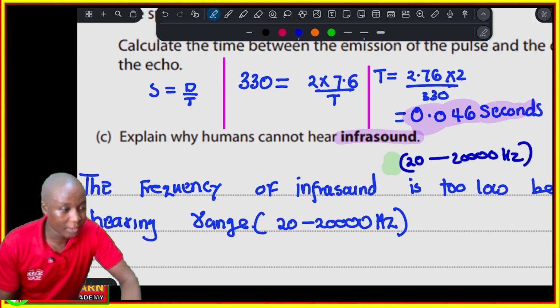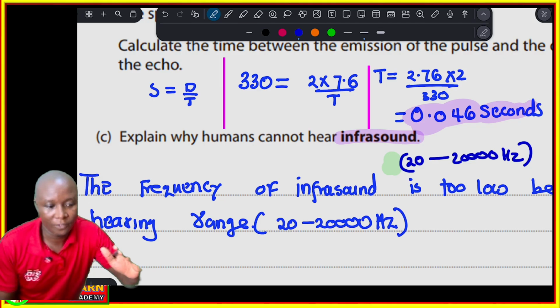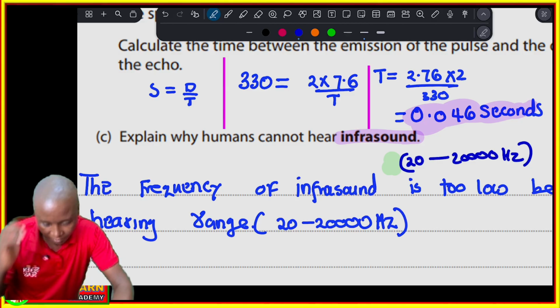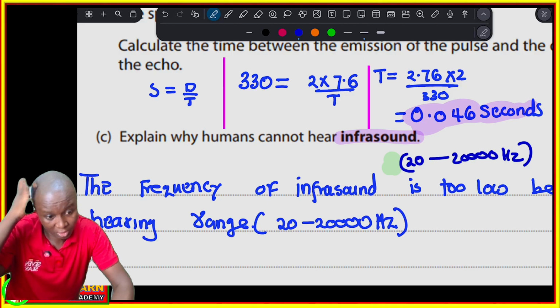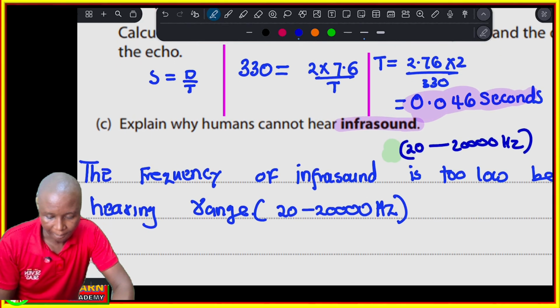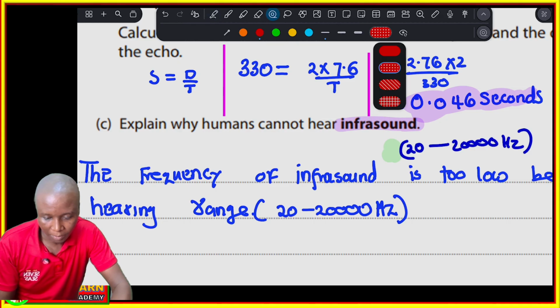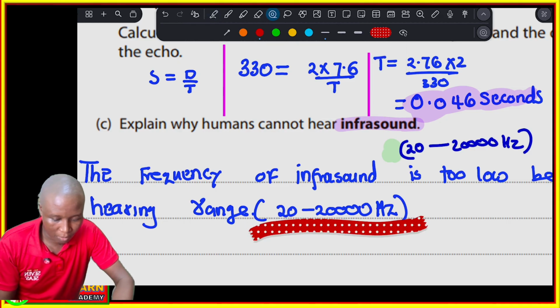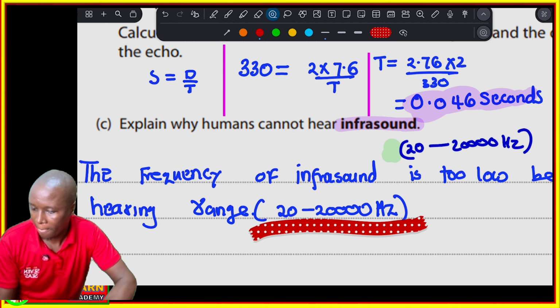The candidate was supposed to say the frequency of infrasounds is too low to be detected, meaning the infrasonic sounds are below the human hearing range. So you need to remember and understand the human hearing range and what value it is.